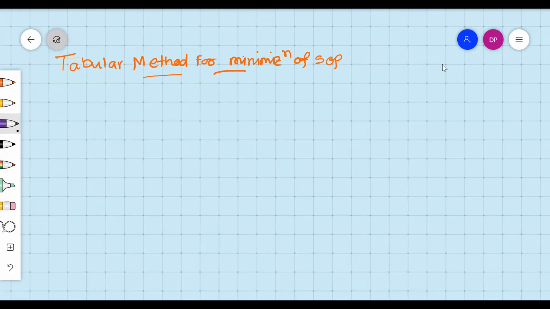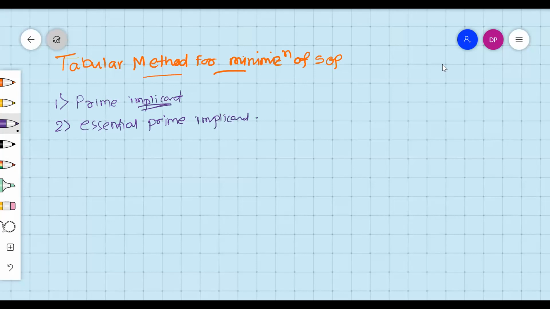So before going to this topic, let's understand what you mean by prime implicant and essential prime implicant.